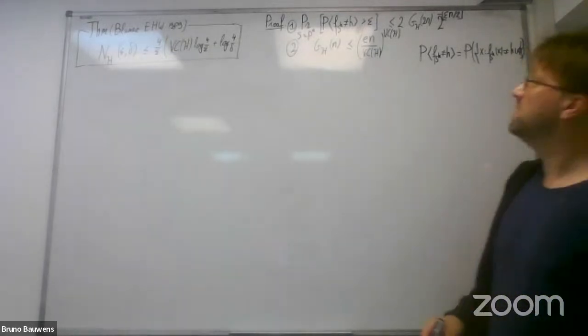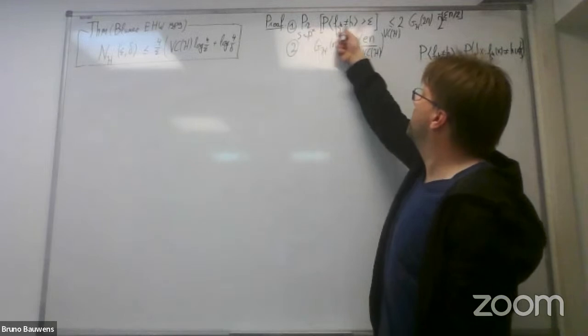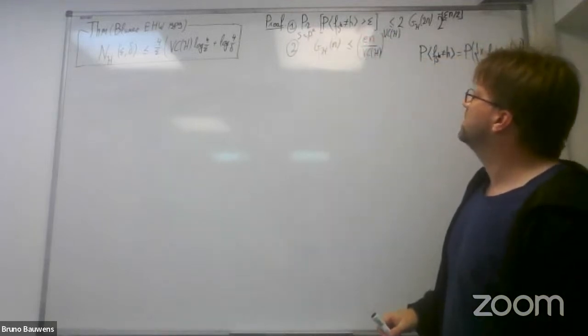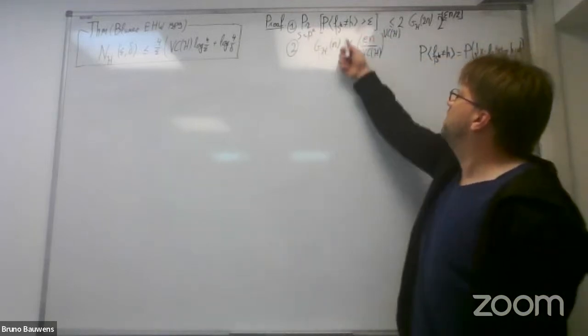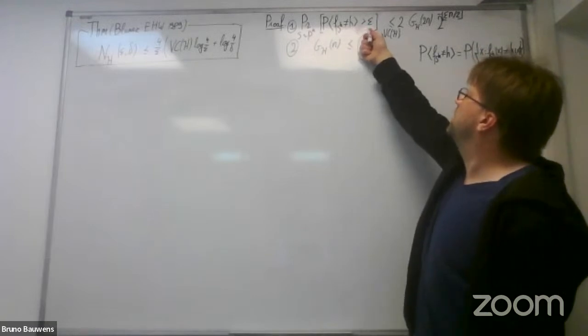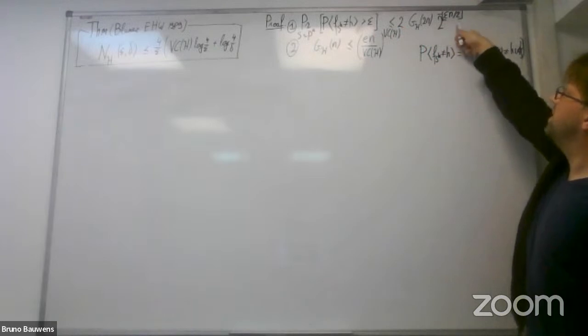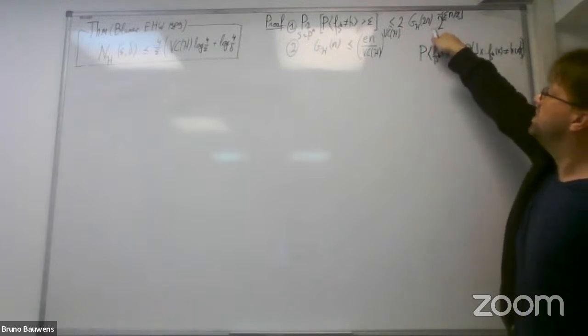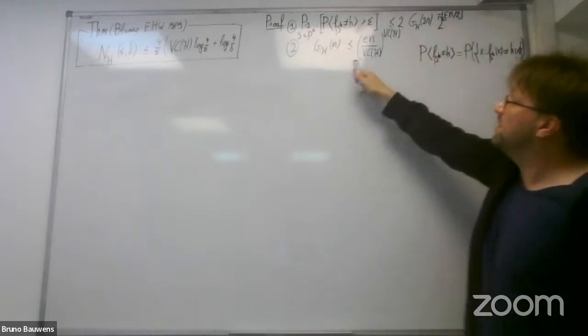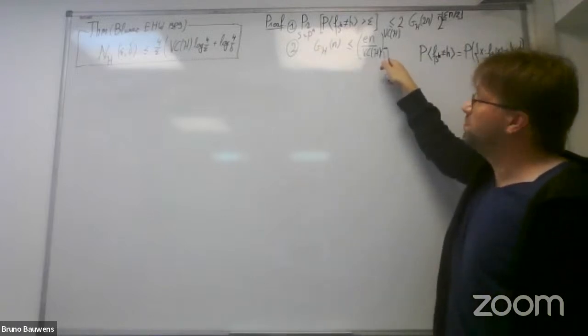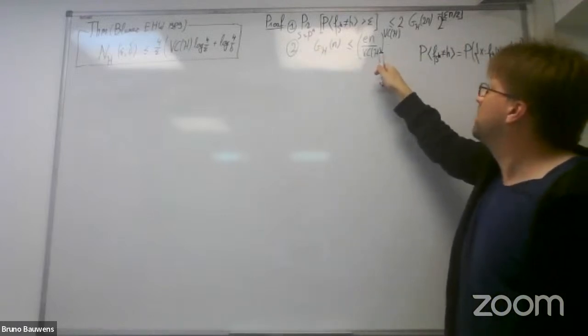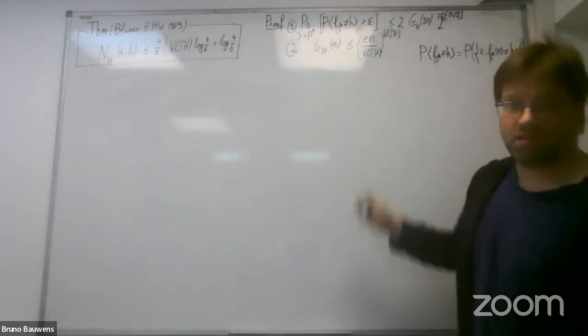So the first statement says that the probability that a proper consistent learner outputs a hypothesis with high risk is bounded by something that goes down exponentially in N times the growth function. And the second says that the growth function is bounded by a polynomial, provided that the VC dimension is finite.